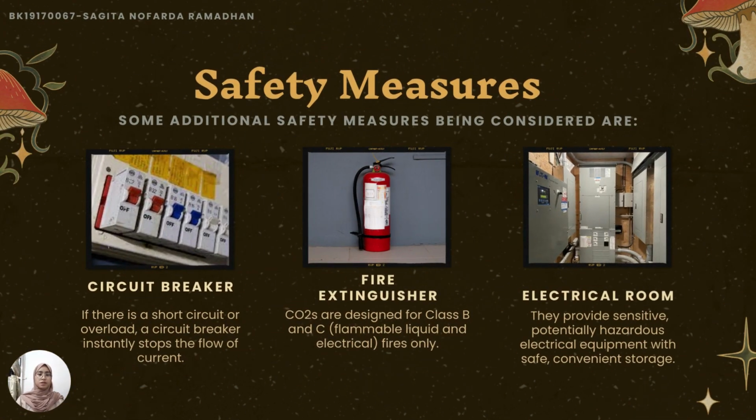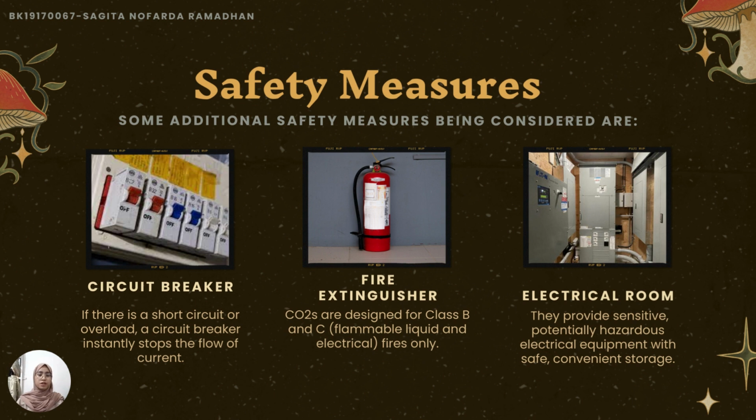The additional safety measures being considered are a circuit breaker, fire extinguisher, and electrical room. As we know, electrical overloads can produce high heat, which could lead to sparks, burns, electrocutions, and fires. A circuit breaker can instantly stop the flow of current.